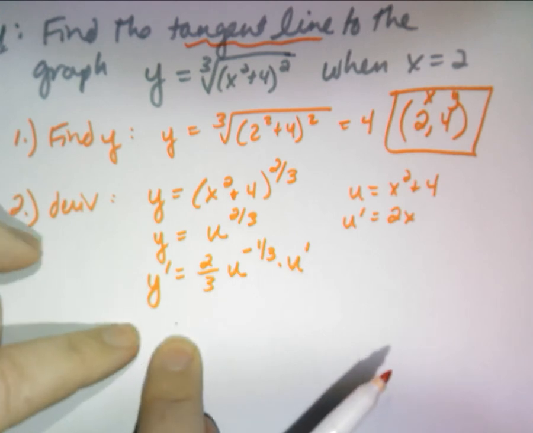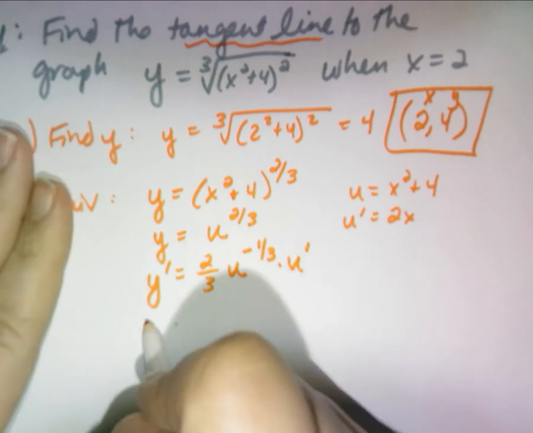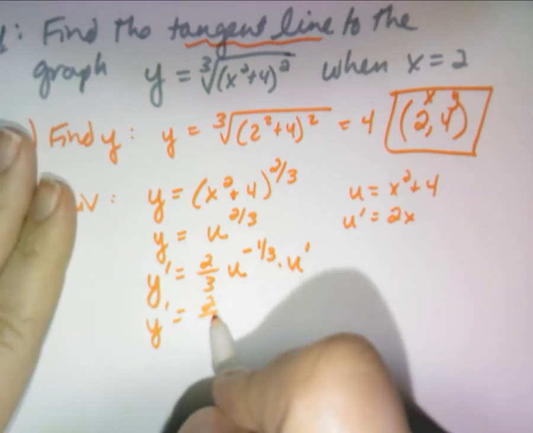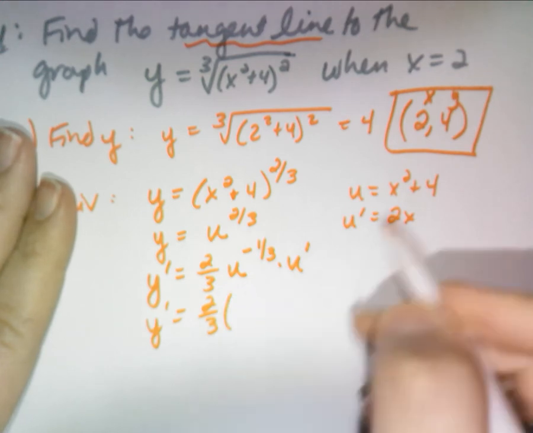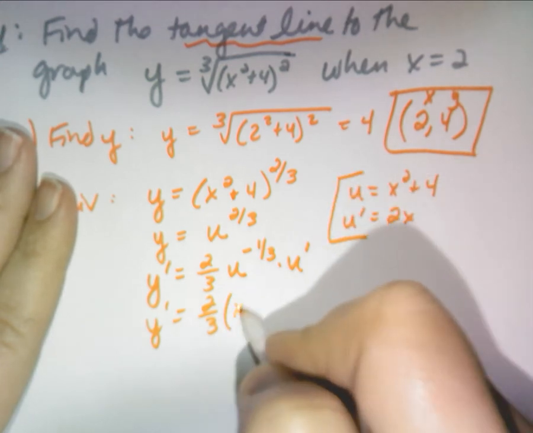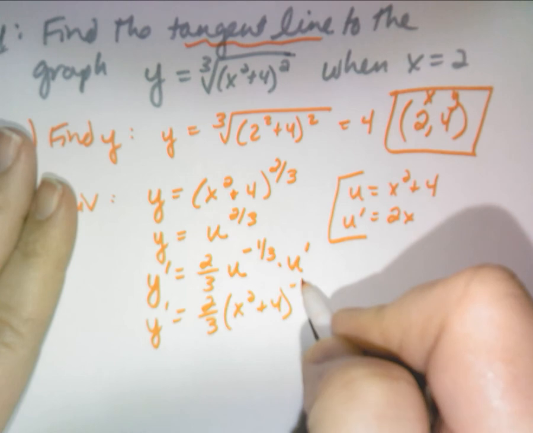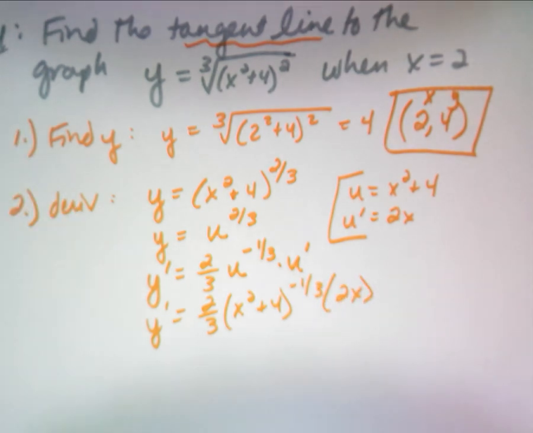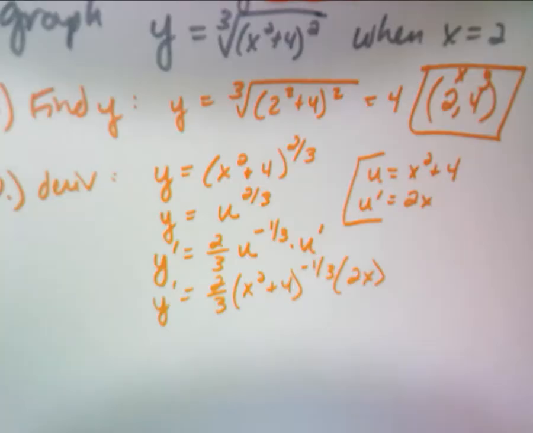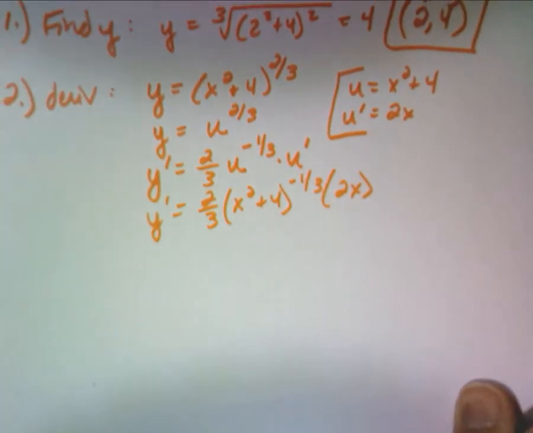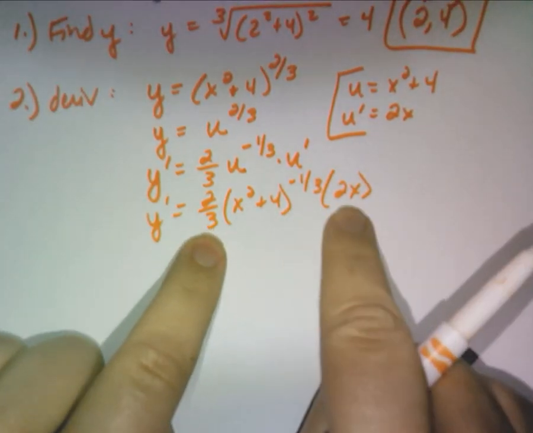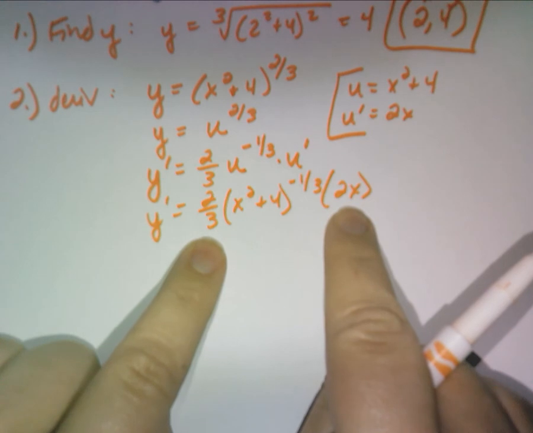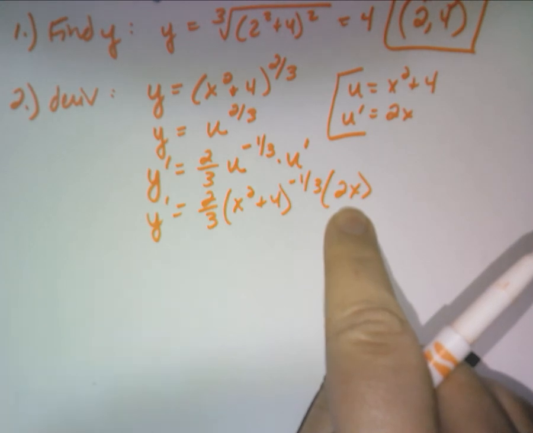Now we're going to replace those u's. So you would have 2/3, what was my u? This is why I write it in the corner. (x squared plus 4) to the -1/3 times the 2x. Now we got to clean this up. 2/3 times 2x is 4x over 3.